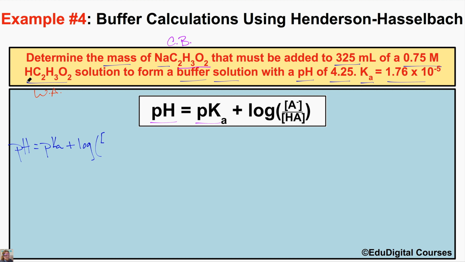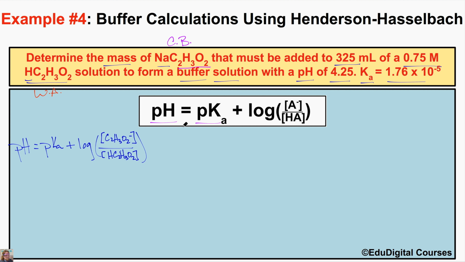Well, if this donates an H+, what we're going to be left over with is C2H3O2-, and our acid here is going to be acetic acid, HC2H3O2.